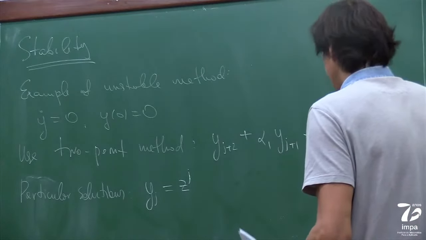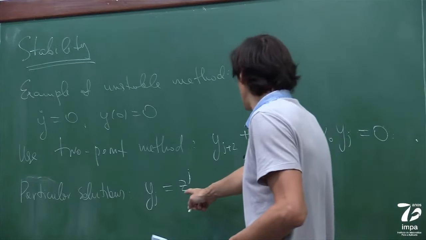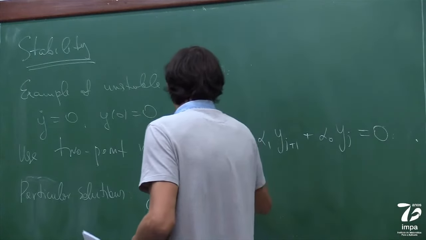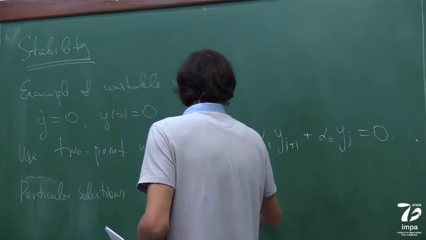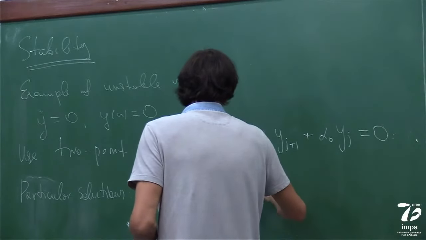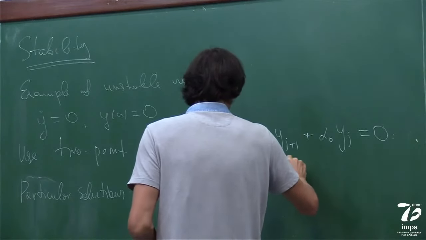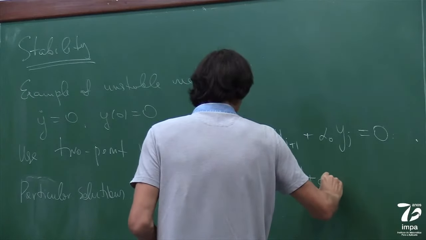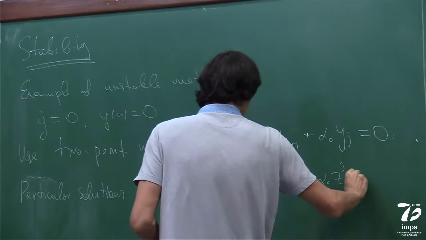z to the power j. If you take z^j and substitute it here, you get z^{j+2} plus alpha 1 z^{j+1} plus alpha 0 z^j equals 0.